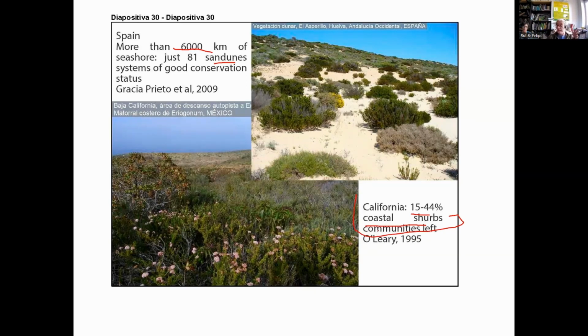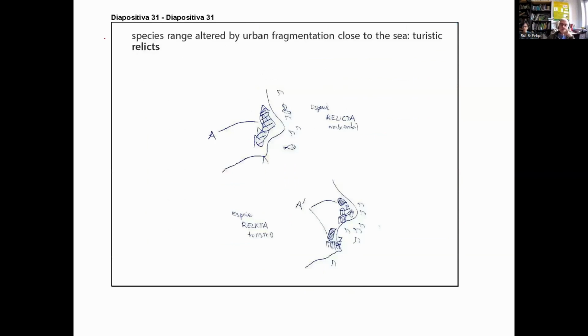I mean, the rest of the community is gone forever. So yes, high fragmentation, and we have this idea of plants that are becoming relics, not because of biological causes, but for touristic causes.